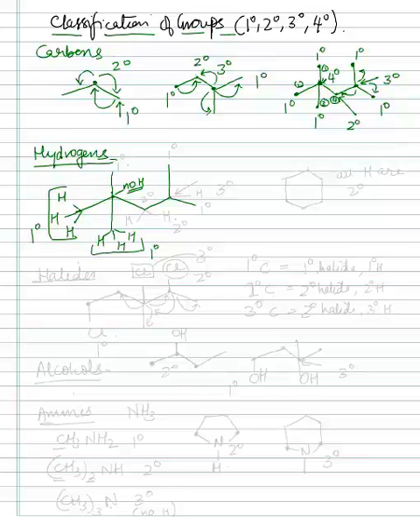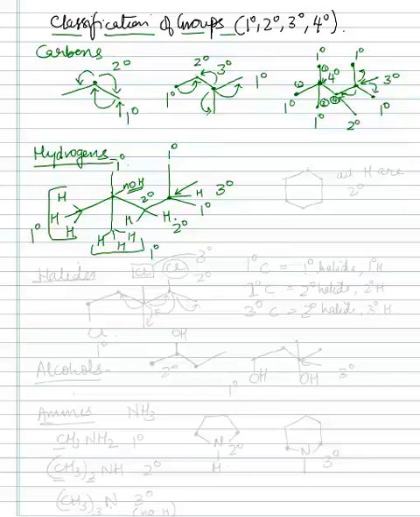Here we had a secondary carbon, and so we had 2 hydrogens here, so these are secondary hydrogens. Here on this carbon there is only 1 hydrogen, and this would be tertiary because this carbon is a tertiary carbon. These hydrogens here would be primary, these are primary, and then these are primary.